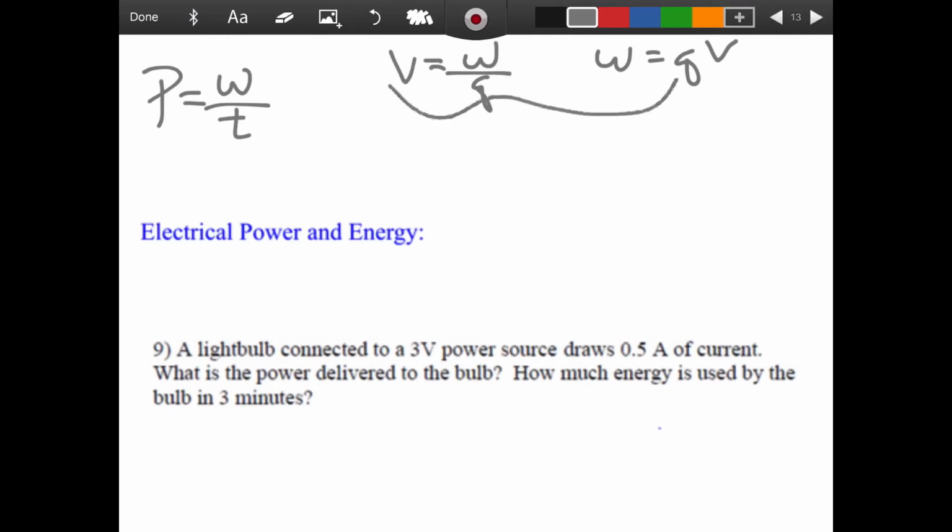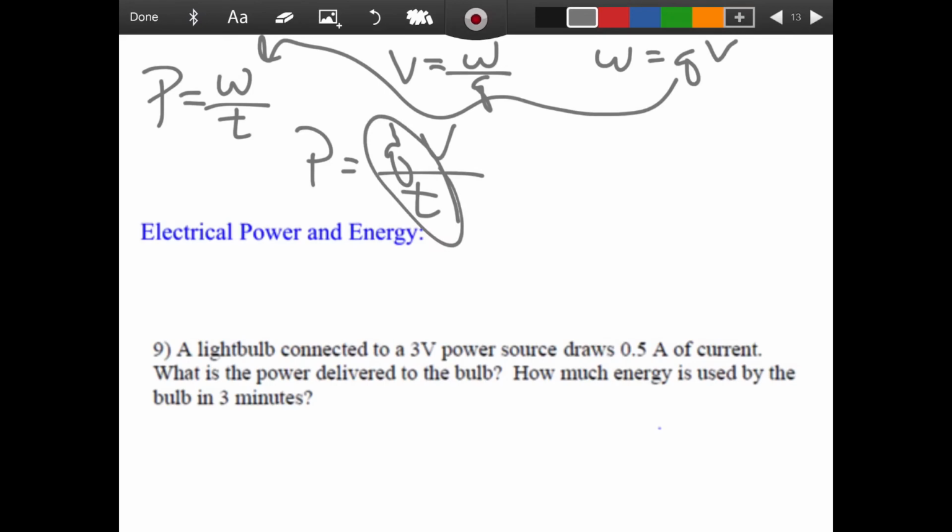We could take that and plug it in here, and we get power equals Q times V over time, where Q over T is equal to current from the beginning of this packet.